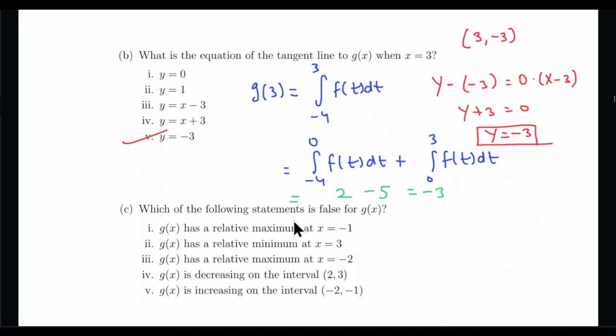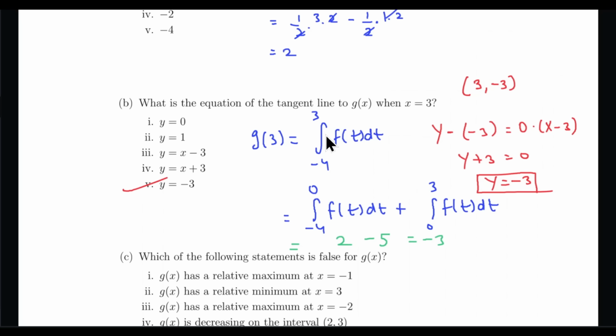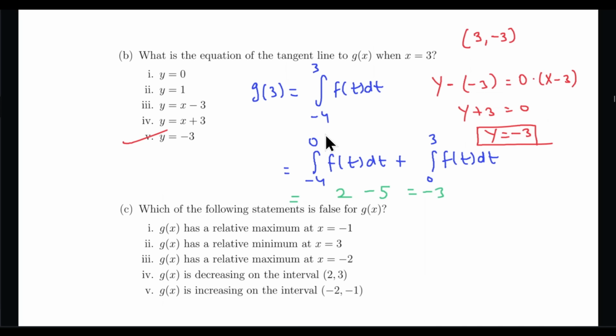And finally, which of the following statements is false for g? G has a relative minima, maxima, decreasing, increasing, and all that. For this one, we need to first find g'(x), which we already have. Earlier, we found that g'(x) is the same as f(x).